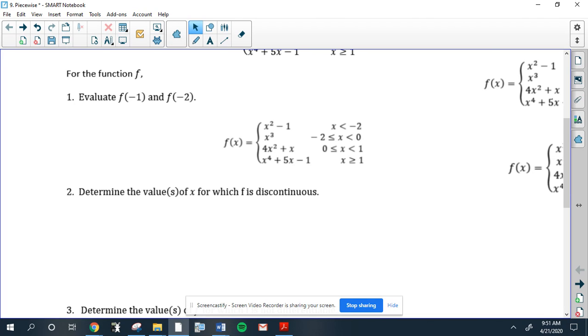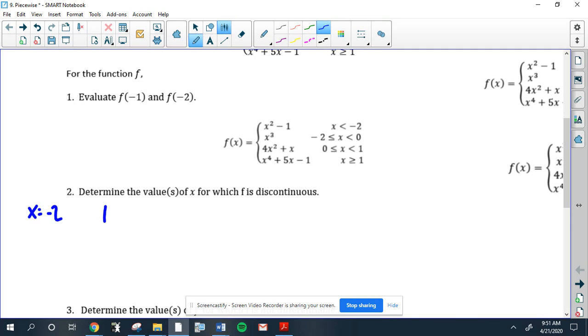So we're going to start at x equals -2 because that's the first possibility that there's a discontinuity, because that's where the first part of the function stops and the second part takes over. So we're going to test x equals -2. First, we're going to figure out if the limit exists.